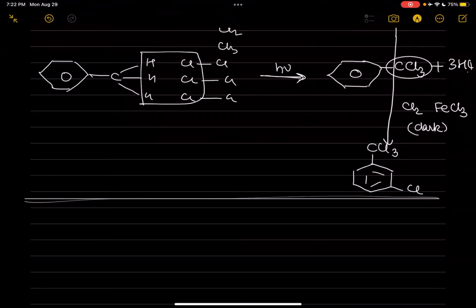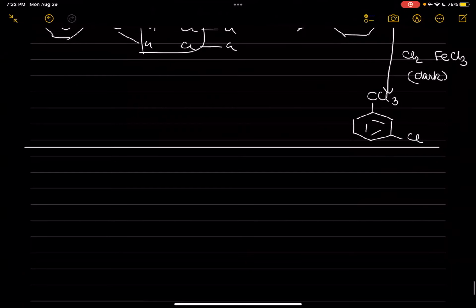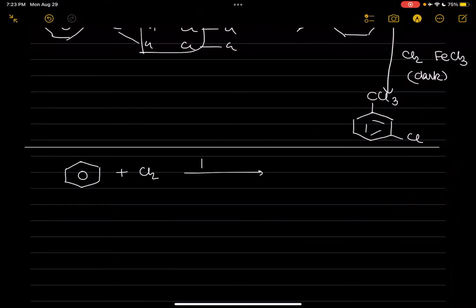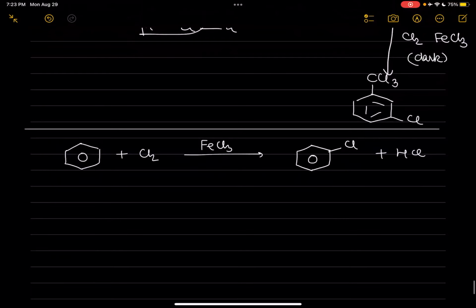Another thing is, you can carry out chlorination directly on the benzene ring by taking Cl2 and FeCl3. You can do bromination also in the same way.